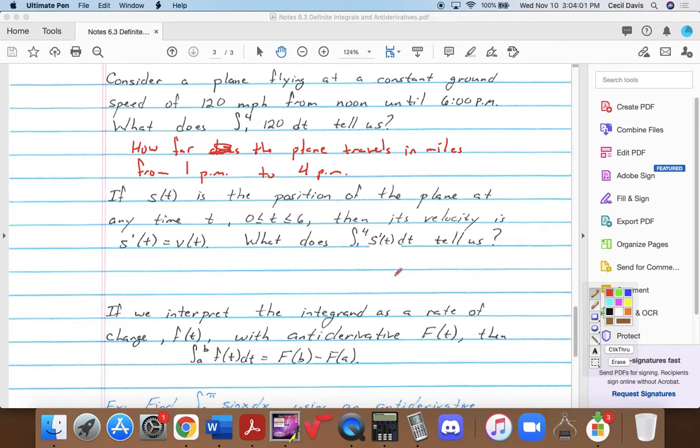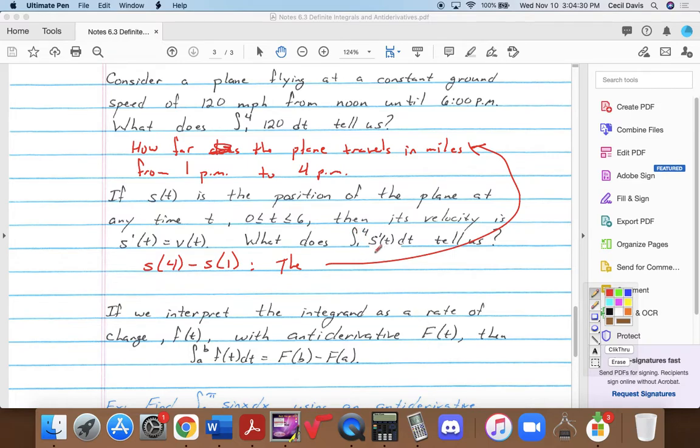The displacement. The displacement would be S of 4 minus S of 1. So again, this is that. It's how far the plane travels, right?